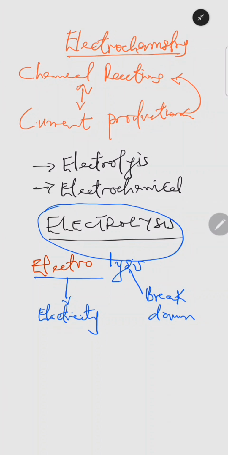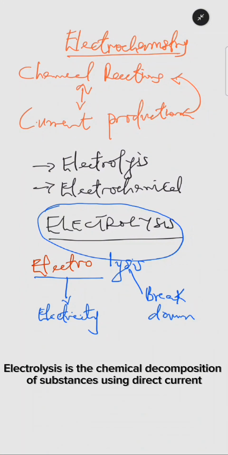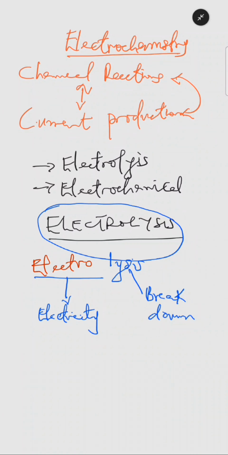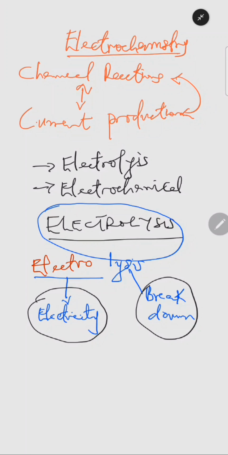To carry out electrolysis, the definition of electrolysis is the chemical decomposition of substances using a direct current. So number one, we'll be needing direct current, which is electricity, and we're breaking it down. So how are we going to have the setup?